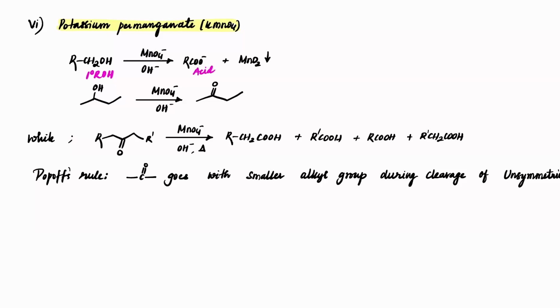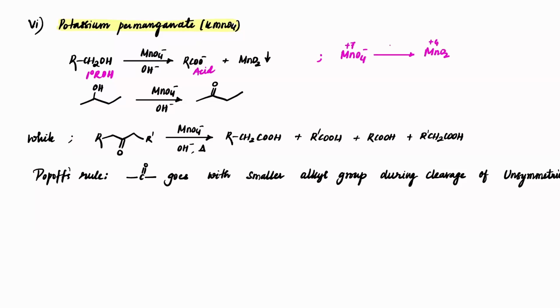And manganese will change into MnO2. So when it is in a basic medium, it is going to convert from +7 oxidation state all the way to +4 oxidation state.